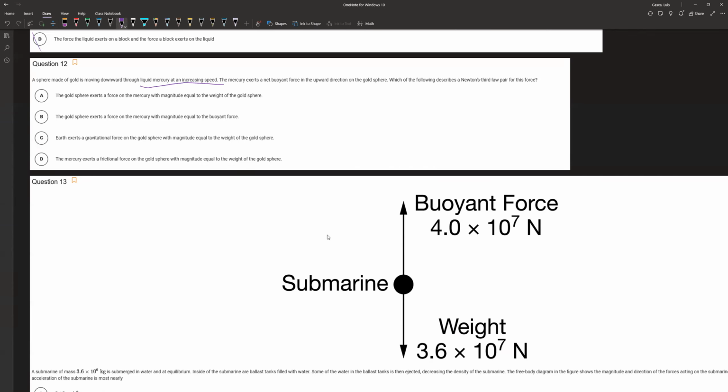So the buoyant force does not equal the weight. When I push down on the water, it creates this buoyant force. As the gold sphere pushes on the mercury, it is going to be pushing with more than the weight. So it's not going to be equal to the weight.